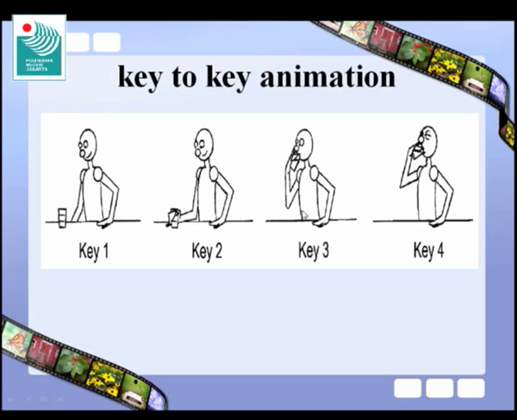Key number three, he raises the glass to his lips. Key number four, he pours the contents of the glass into his mouth. How many in-betweens, and where they are positioned, differ depending on the character and the mood of the man.